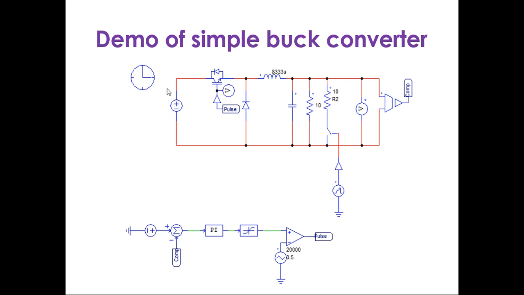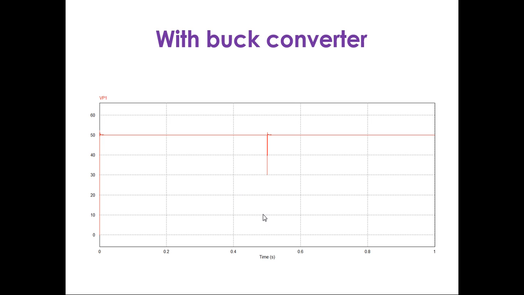This entire simulation is connected with a 10 ohm resistance, and another 10 ohm resistance is connected in parallel with a time logic, meaning after some time this load will switch on to check the effect of this closed loop system. Our input voltage is 100 volt and our reference voltage is 50 volt.